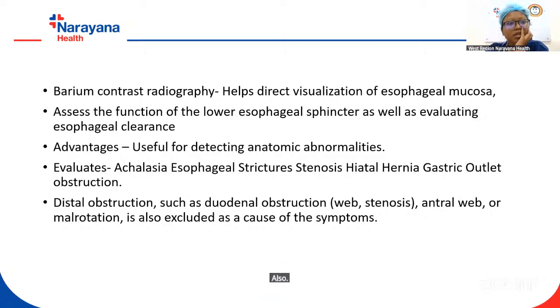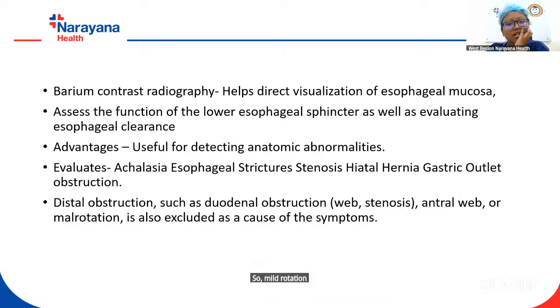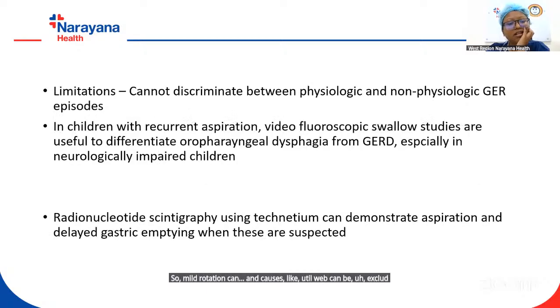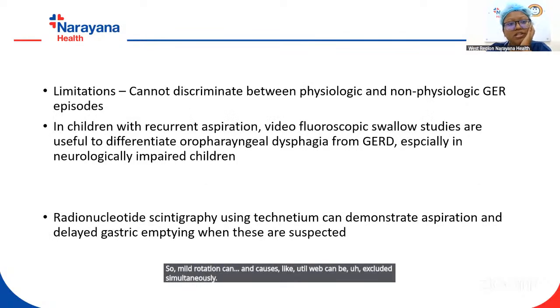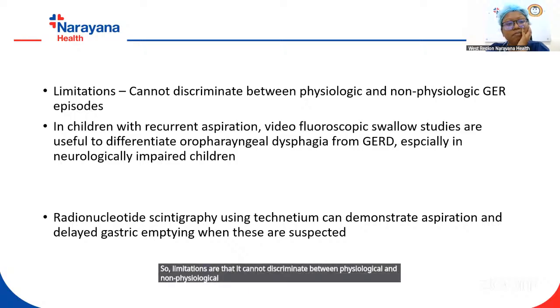Also, this contrast study can rule out distal obstruction at the same time. So malrotation and causes like duodenal web can be excluded simultaneously. The limitation is that it cannot discriminate between physiological and non-physiological GER episodes.